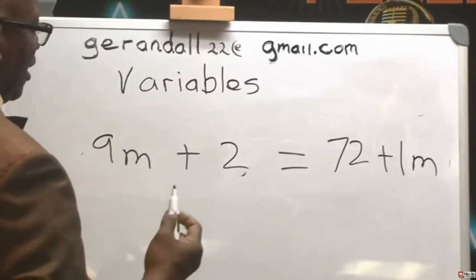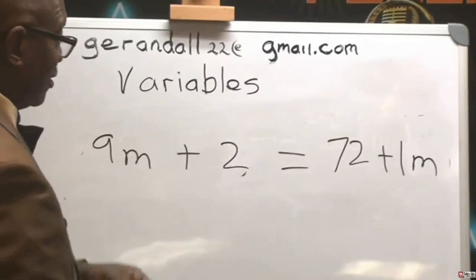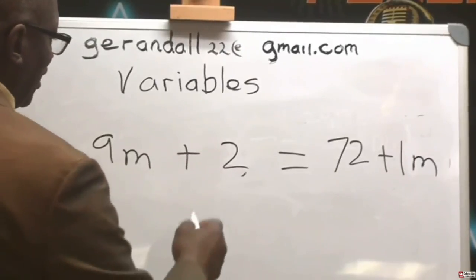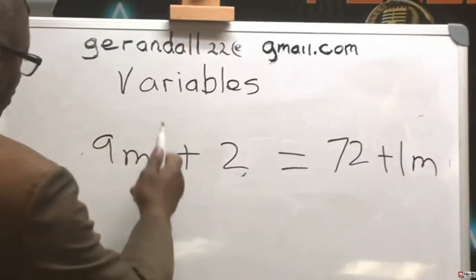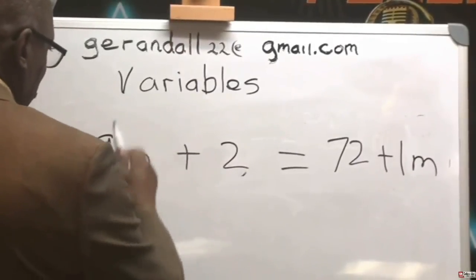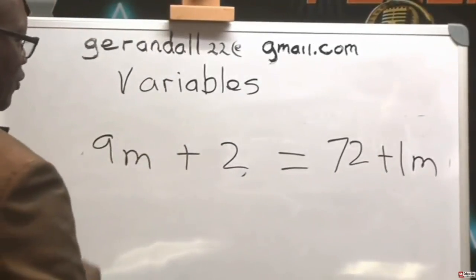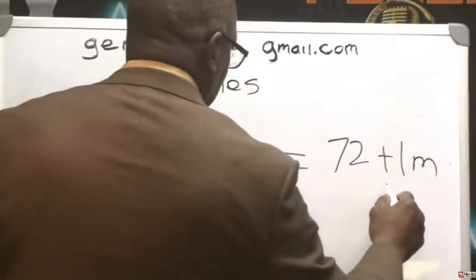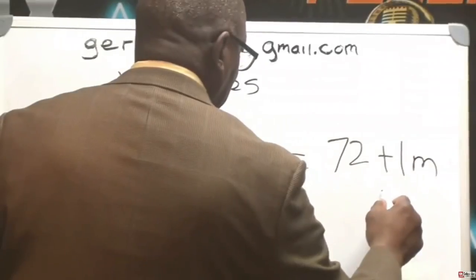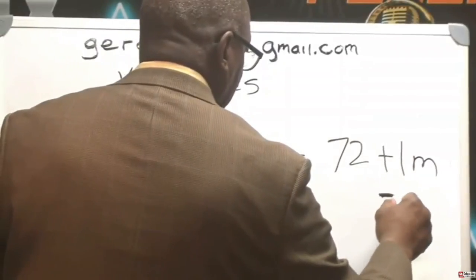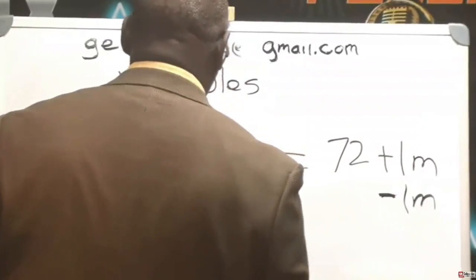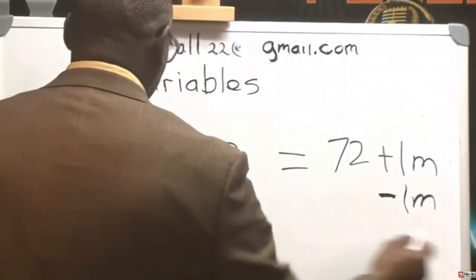Now, talk about cousins. How do you undo addition? The whole goal is to get this m by itself so it'll say m equals something. So we can do one of two things. It says plus 1, so we're going to subtract 1m. Did it on the right?